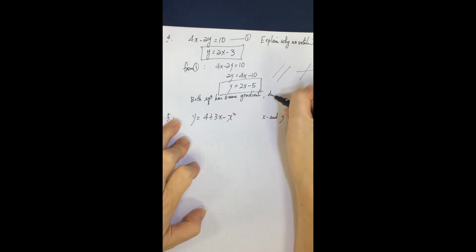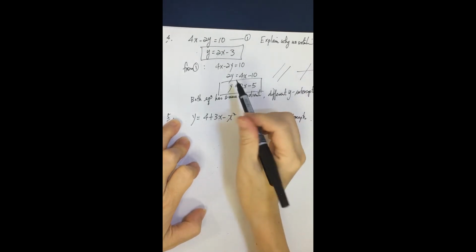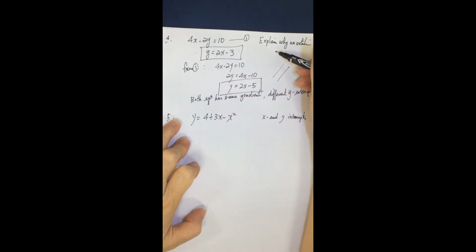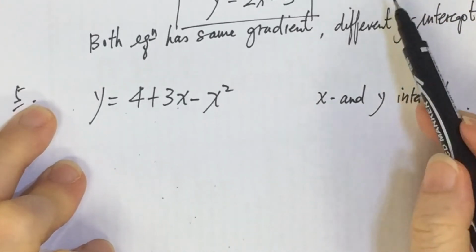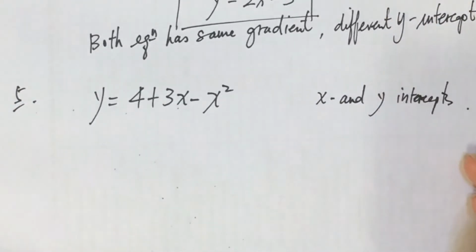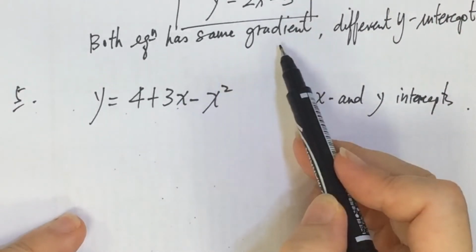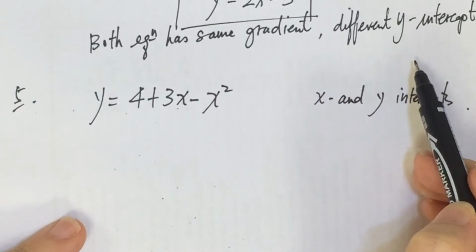But they have different y-intercepts. The first one has y-intercept at -3, and the other one is at -5. So they have the same gradient but different y-intercepts.